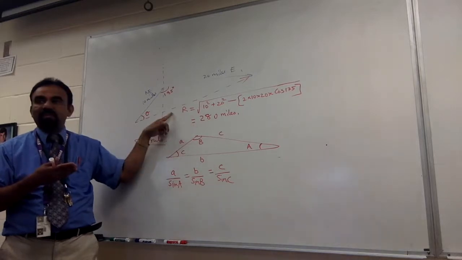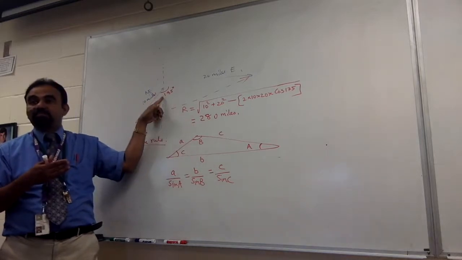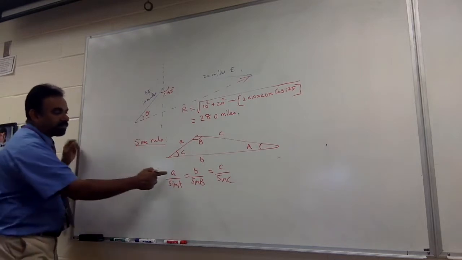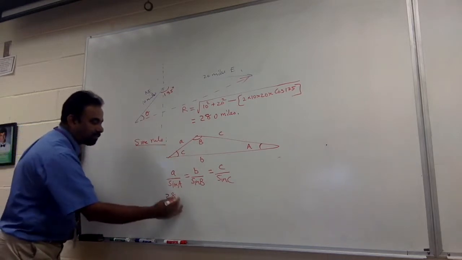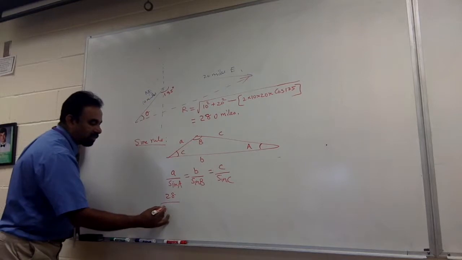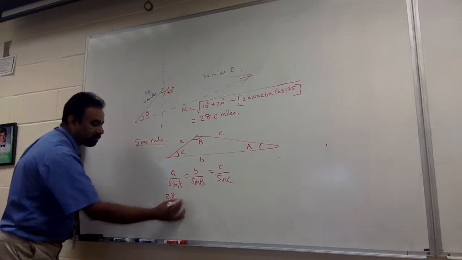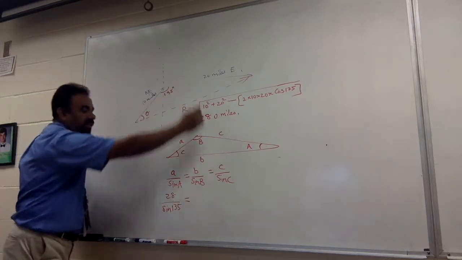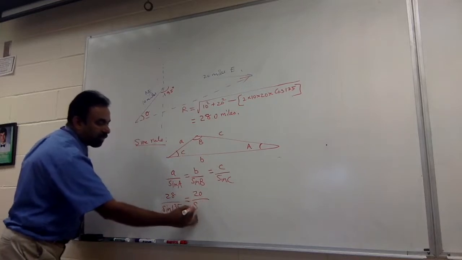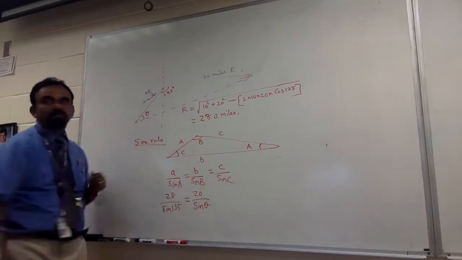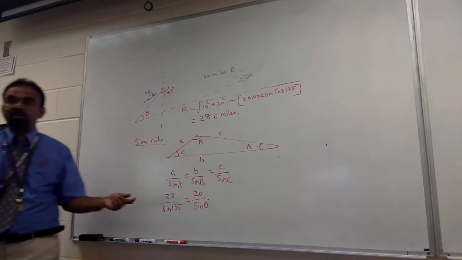We have it as 28. And you know the angle? So that's what we do. Side 28 divided by sine of 135 is equal to 20 divided by the sine of the angle. You see how I set it up?